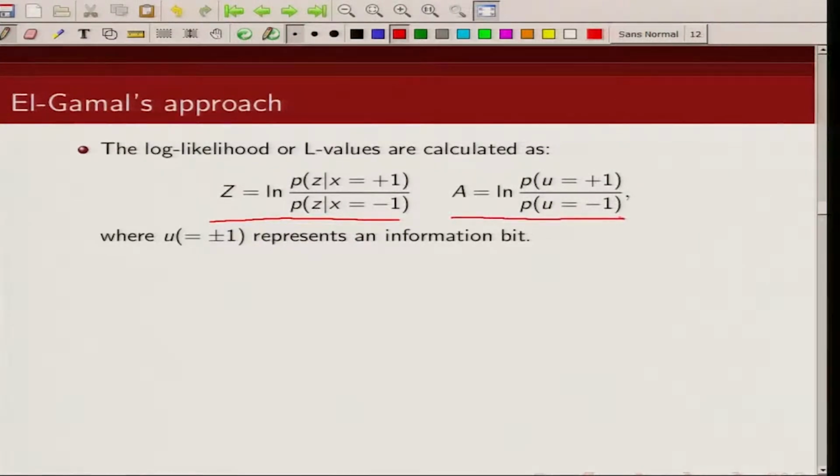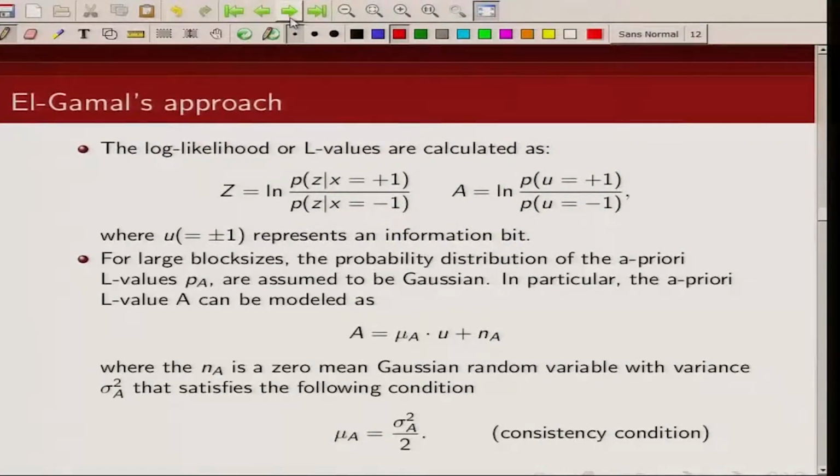Similarly, the L value of the a priori information I can write like this. Now, for large block sizes, this a priori distribution is assumed to be Gaussian. So, we model this a priori L value in this particular way in Al-Gamal's approach.